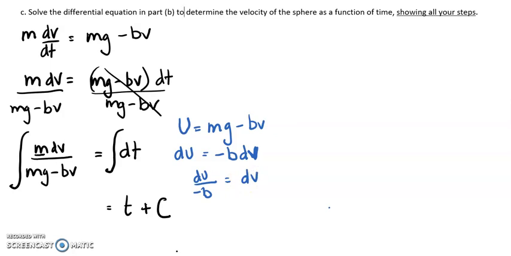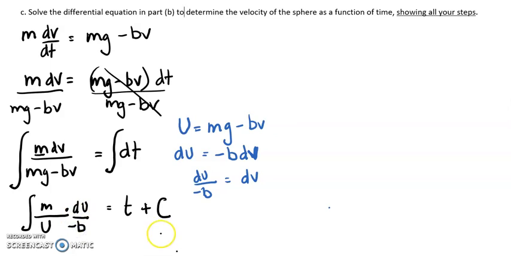Great. Now let's plug that back in. m is just a constant, so I can leave that there. So it's m over (mg minus bv), that's just u, and dv is going to be du divided by negative b.